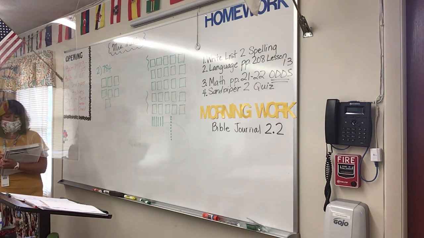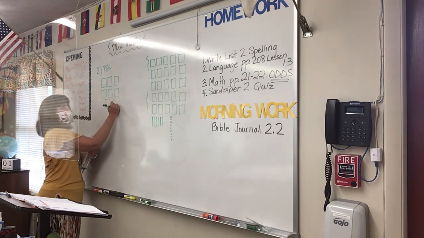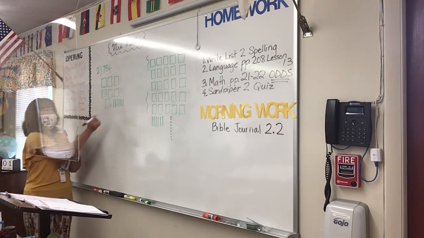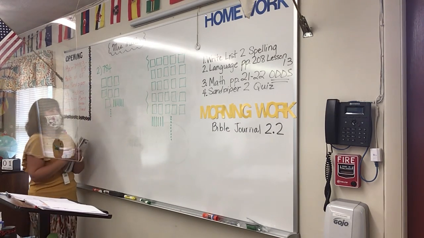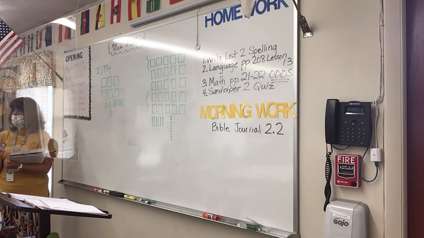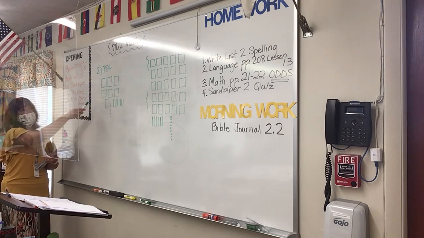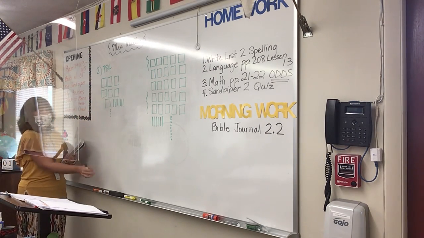Okay, 700, and then how many tens? 8 tens. You guys can just tell me the answer. And then how many ones? 4. Good, you're getting the hang of it. So 700, 8 tens, and 4 ones.